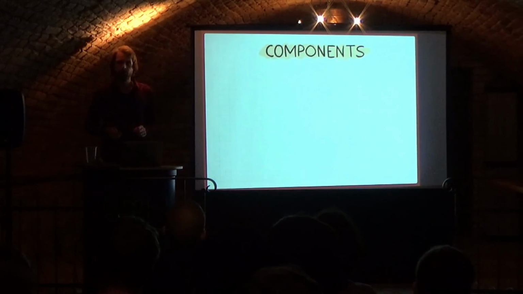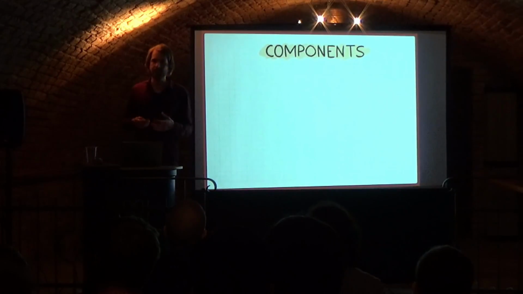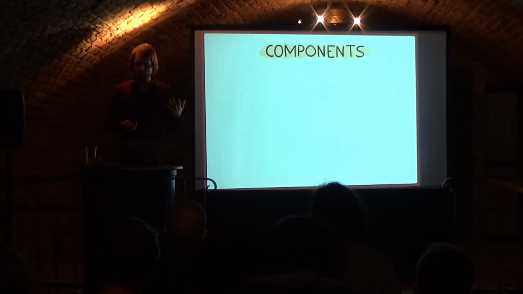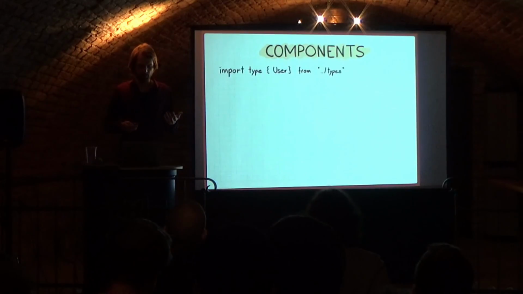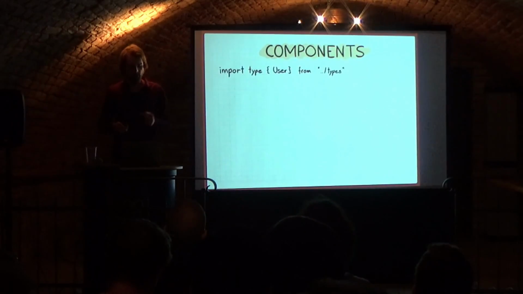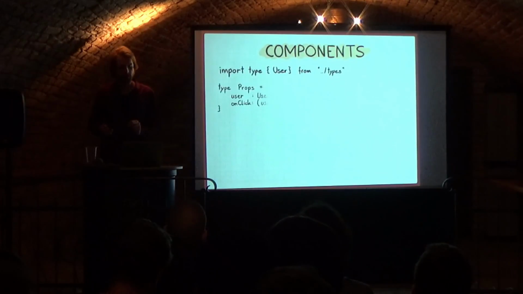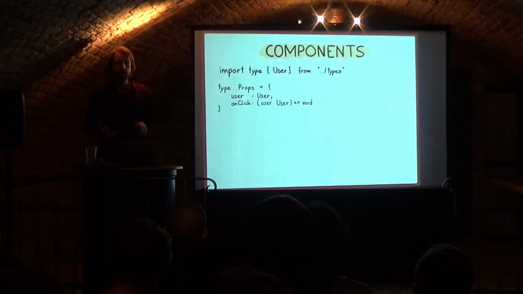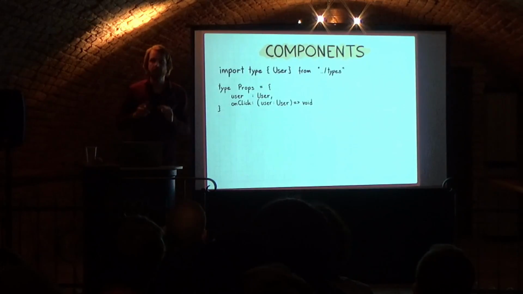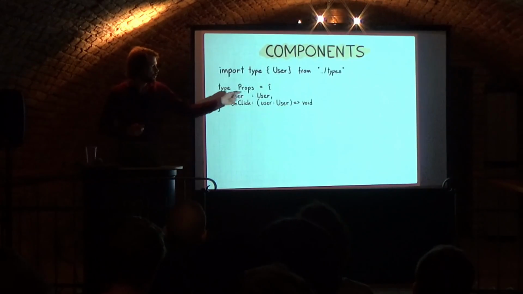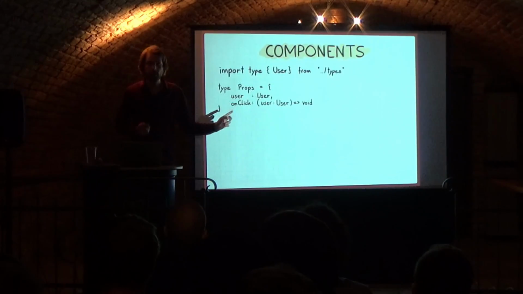So the last part, our UI, which should be stateless pure functions. So first of all, we import type user. This was very important, as I told you before. We can reuse our domain types, and now we define our prop types. And we define our prop types as flow types. So we can say user is a user, and another thing, we can define functions, like our onClick function.